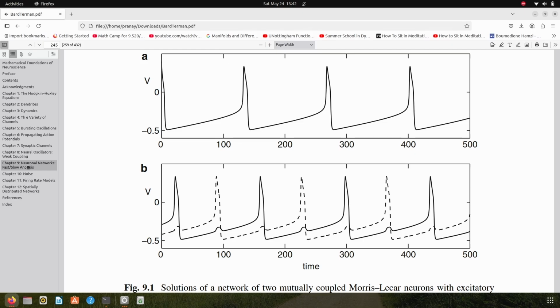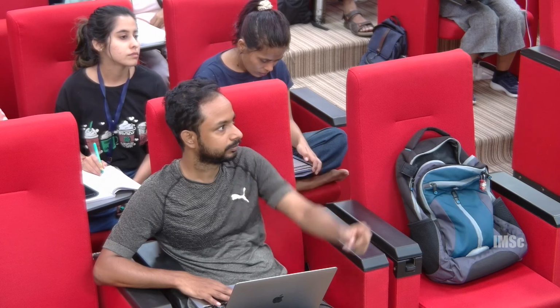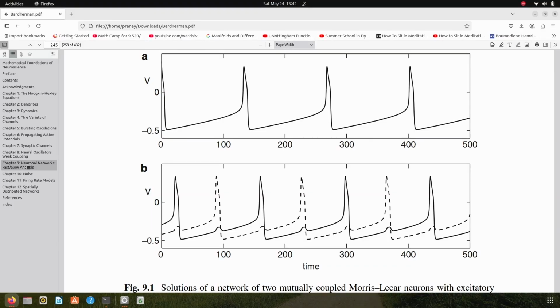Would it be coupled with excitatory or inhibitory synapses for the neuron to slow down in its frequency? If the neuron is facing up, frequency increases. Okay, good catch. But the frequency of the single neuron in the network of neuron 1 is actually lower, I think. No, you see, the time scale is the same, and the number of peaks is higher in the bottom. Okay, it could be, yeah.